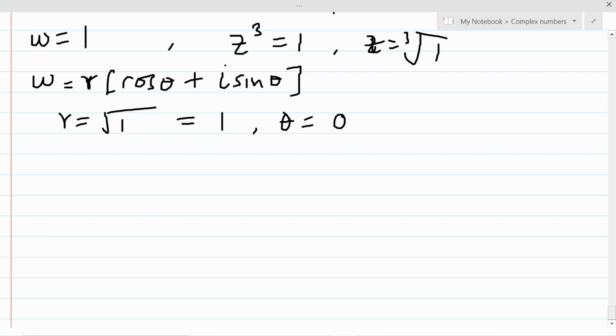So now theta is tan inverse of the imaginary part, which is 0, over the real part, and that will give us what? 0. So now if that is the case, let's try to find the cube root of this.